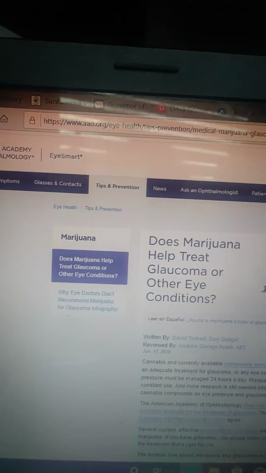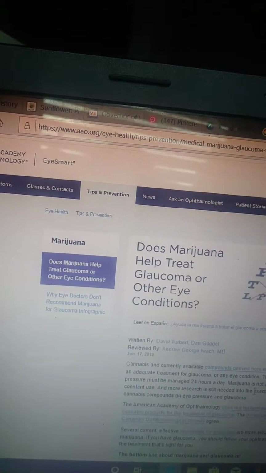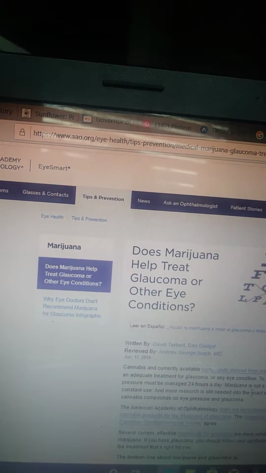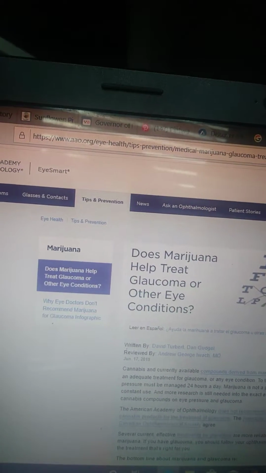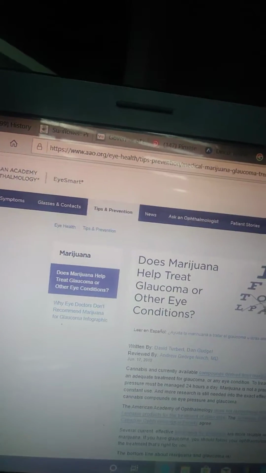For glaucoma treatment, eye pressure must be maintained 24 hours. So the eye pressure, maybe we need to relax, meditate, you know. Marijuana is not a treatment for constant use, okay? So it's not good for glaucoma at all.